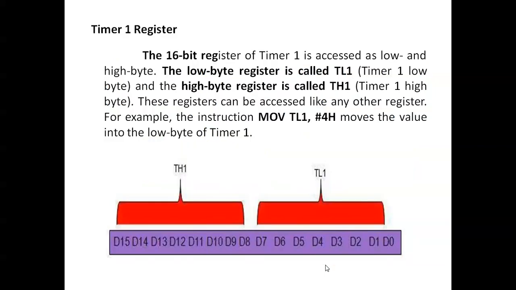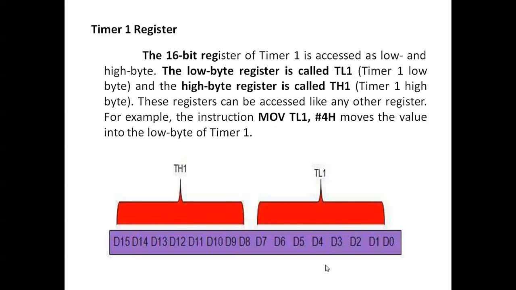Timer 1 register. Similarly, there is another register in the 8051. So there are two registers, timer 0 and timer 1, both 16-bit.